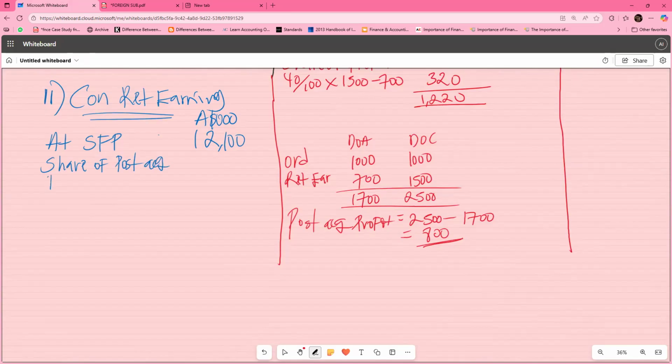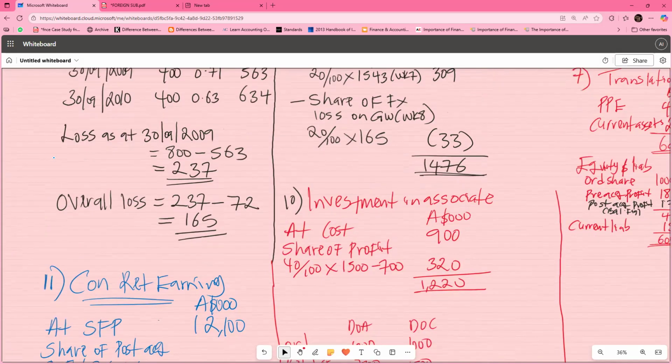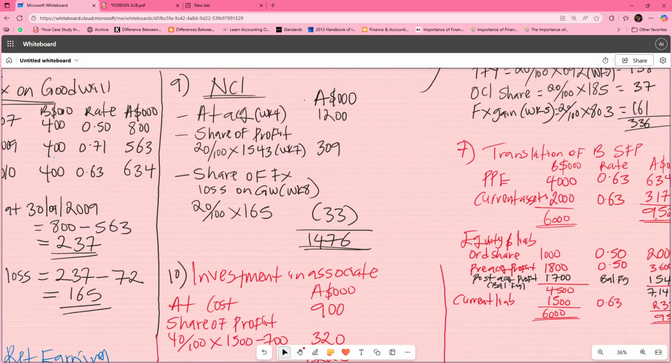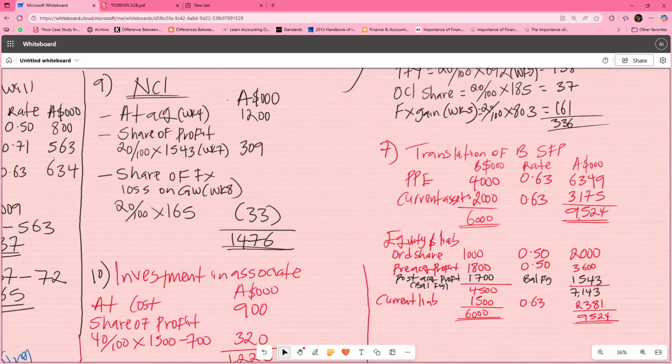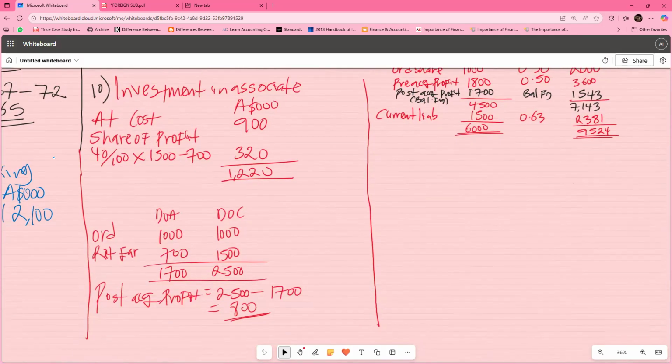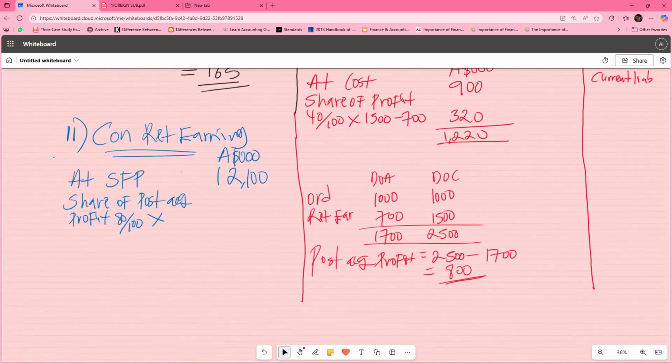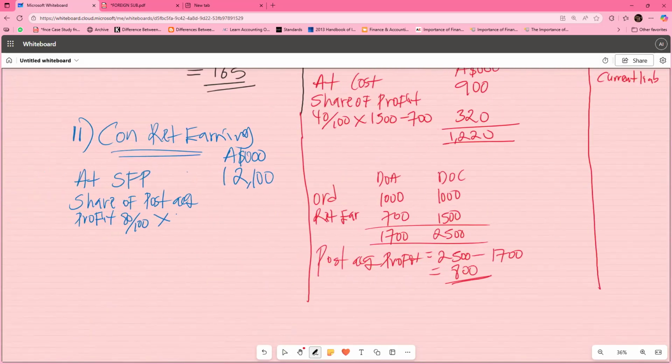If you do the working, the share of post-acquisition profit should be 80 divided by 100 multiplied by, I can't remember that figure, 1543. So this plus this, then you have what?